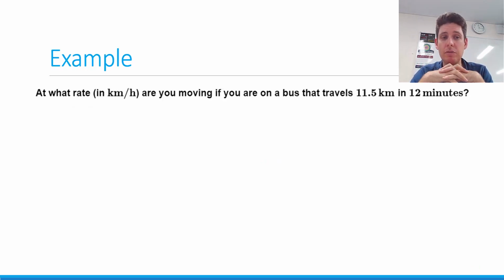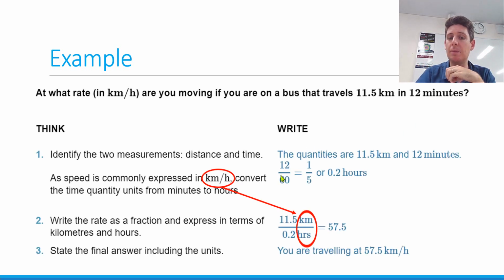Okay, another example. We want to find a rate of a bus travelling in kilometres per hour. It says the bus travels 11.5 kilometres in 12 minutes. So the first step is getting the second unit's minutes into hours, so we've got to do a conversion first. To convert 12 minutes into hours, we need to divide by 60 minutes, and this converts it to 0.2 hours.